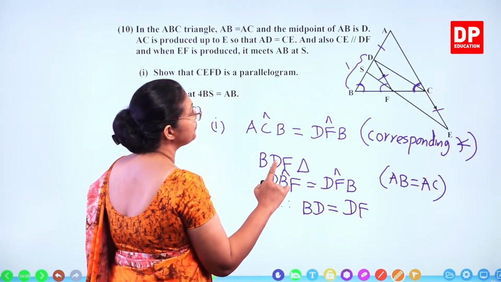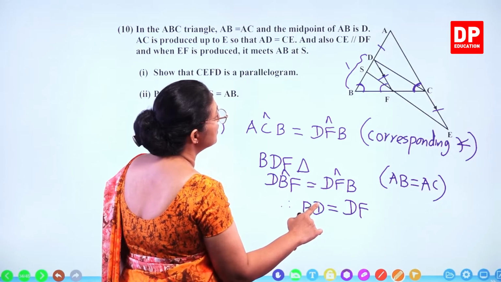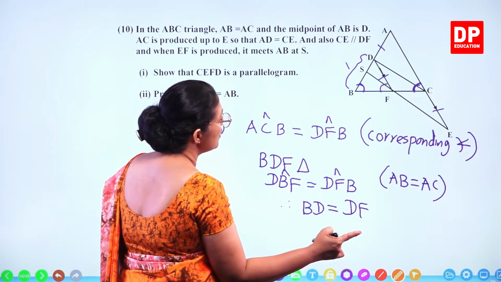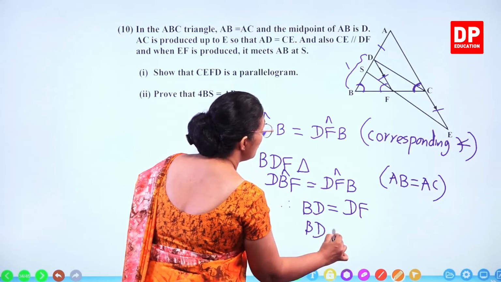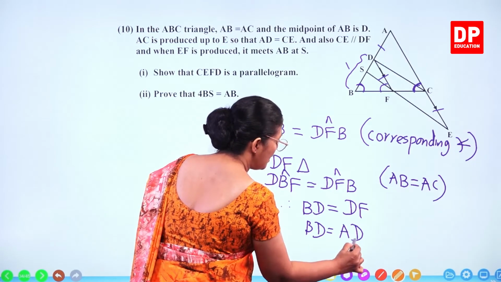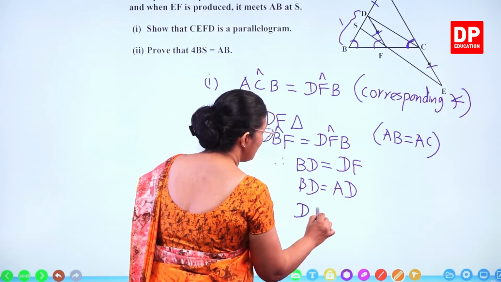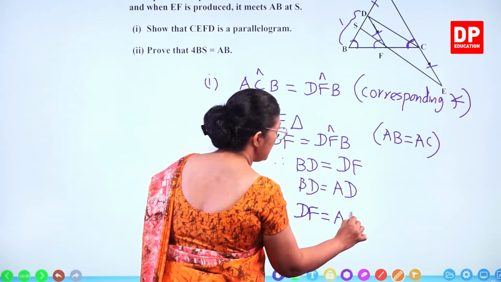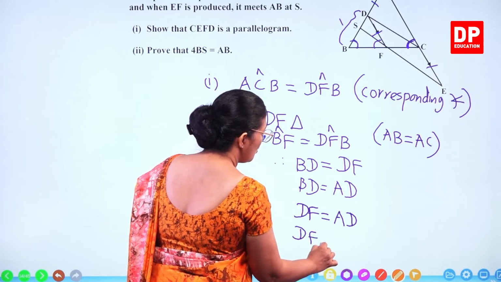But we know DF is equal to EC. Why? BD is equal to AD because D is the midpoint. So therefore DF is equal to AD, as well as DF is parallel to AD.